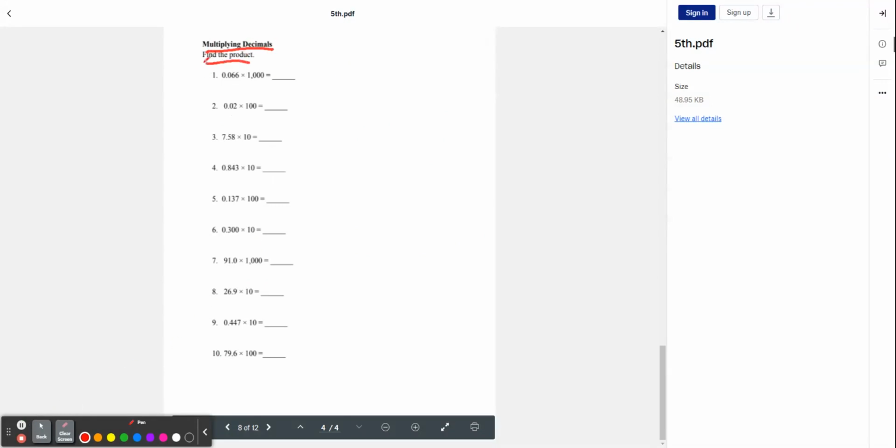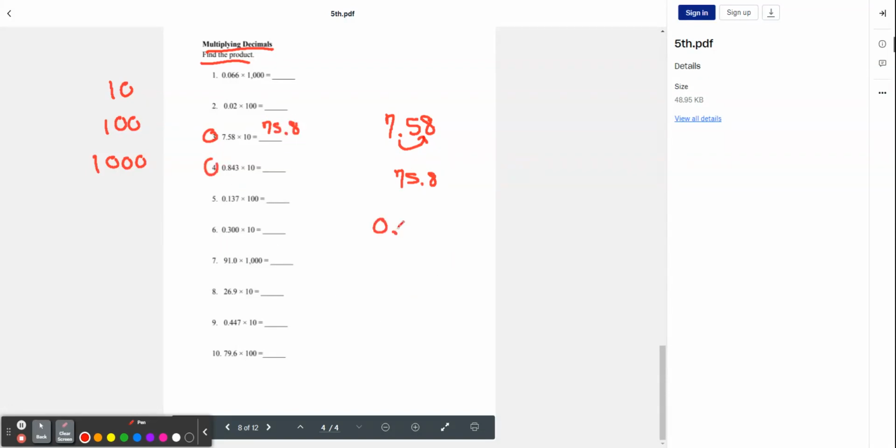Multiplying decimals, find the product. As you can see, we're multiplying the decimals by 10, 100, or 1000. So let's try 3. When we multiply a decimal by 10, we're moving the decimal point to the right once. So we get 75.8 as our answer. Let's try 4.